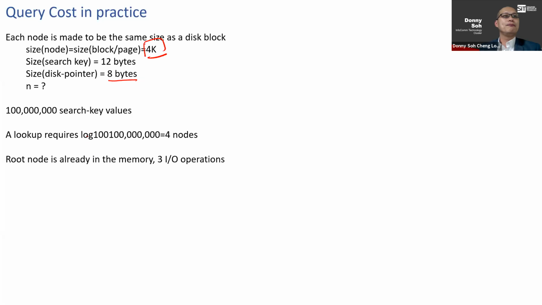We have 100 million search keys, and if n is equal to 100, this will be log of 100 million, base 100, which will be equal to the value of 4 nodes.